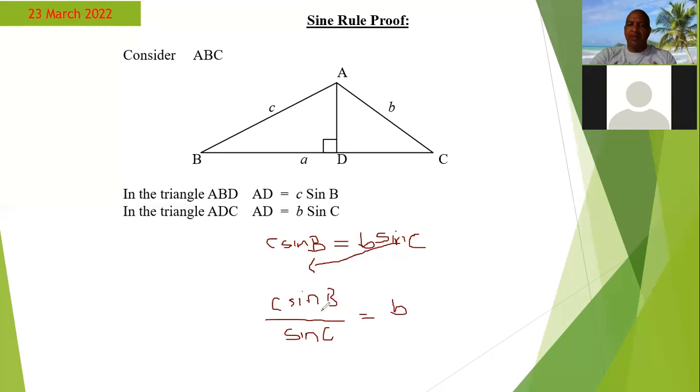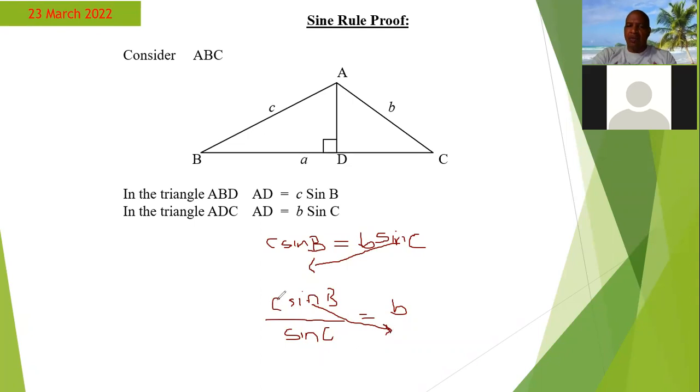All right, so we can do the same thing now. We can bring this sine B up in the numerator on the other side and divide, since we are multiplying it by C on this side.